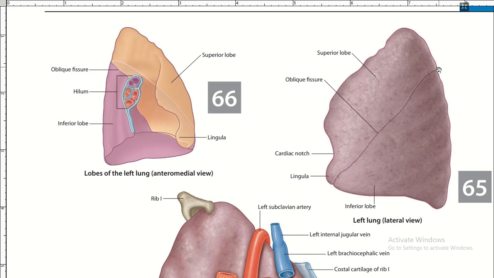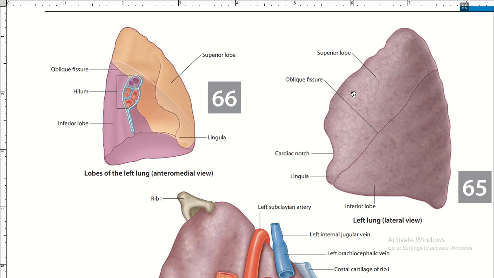Same thing, posteriorly at the root of the spine, it goes down and along the sixth intercostal space, touching the sixth rib and the sixth costal cartilage, dividing into superior lobe and inferior lobe. The superior lobe is above and anterior to the inferior lobe, which means that the inferior lobe is inferior and posterior. You understand? Take note of this.